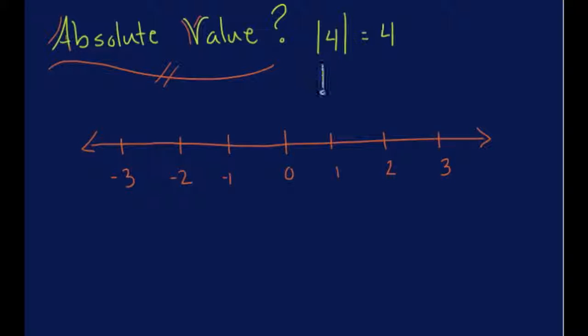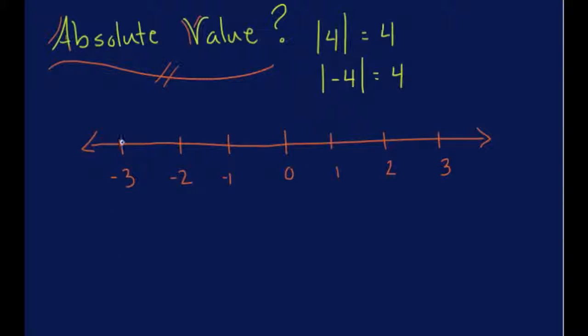Then I got confused because the teacher would always say the absolute value of -4 is also 4. I just went with it because no one ever explained why these were the same answers. They just always said absolute values always have to be positive.